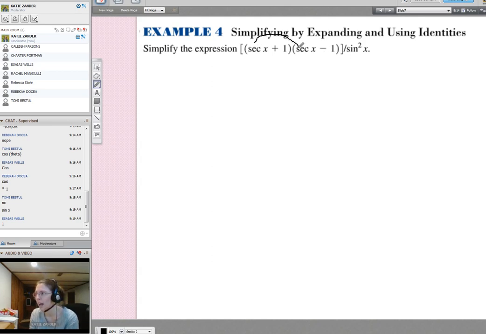So starting that multiplication process off, we're going to get a secant squared x. And then I'm going to notice, because these are the same but the opposite sign is used, this is actually your difference of squares, right? That middle term will drop out when you multiply through. So the middle term is gone, and I am left with a minus 1 at the end.